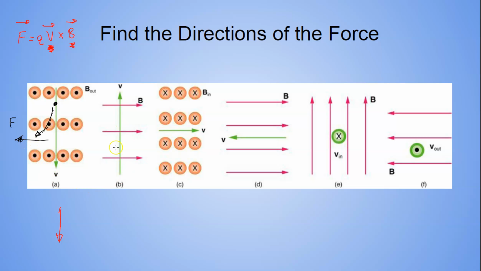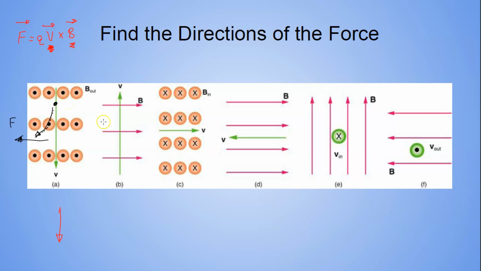All right, let's do the second one here. This time the velocity is up. That's first. So I point my fingers up the screen. I need to curl my fingers in the direction of B, to the right. So I need to roll my hand and curl my fingers to the right. That forces my thumb into the board.